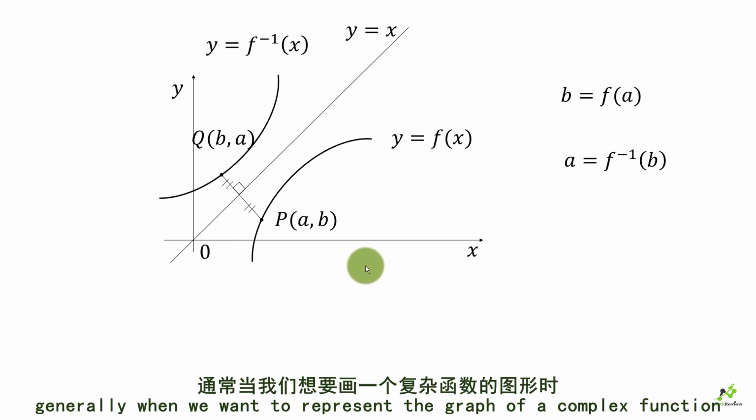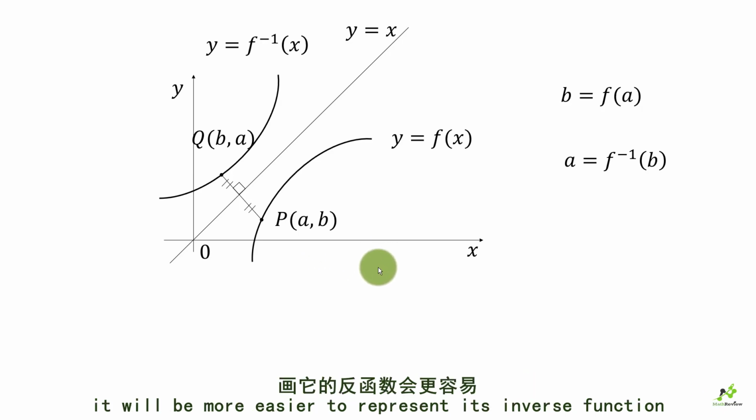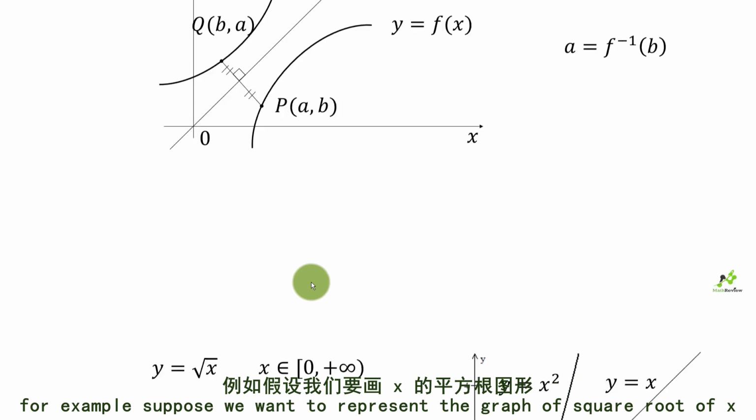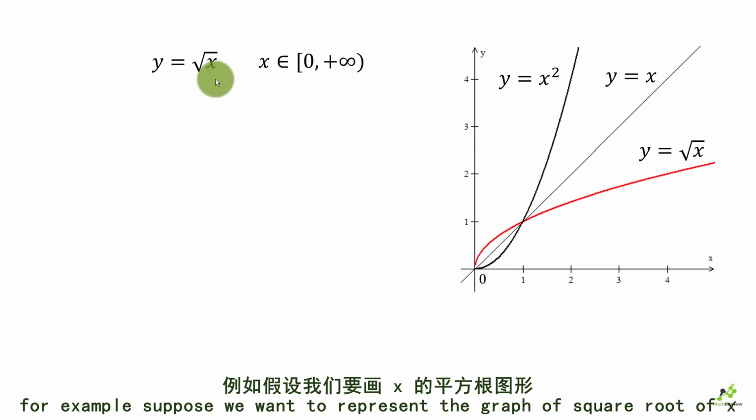Generally, when we want to represent the graph of a complex function, it will be easier to represent its inverse function, then find the symmetric with respect to the line y equals x. For example, suppose we want to represent the graph of square root of x.